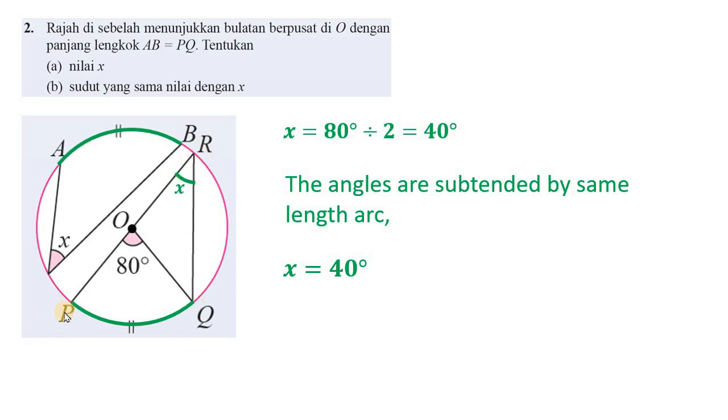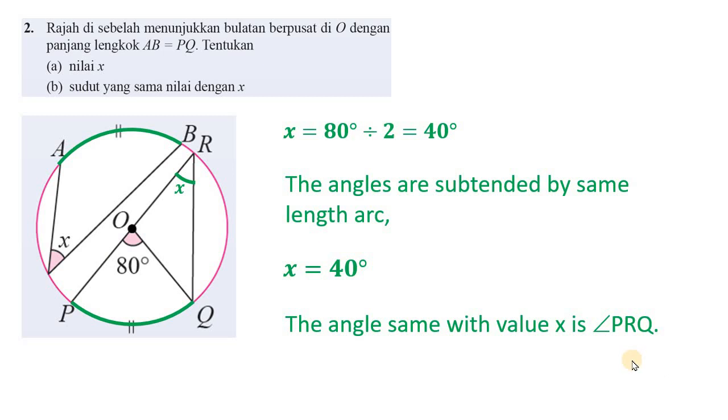The name of the angle is P, R, and Q. So this angle x, we can name by using the labels on the diagram, and the answer will be angle PRQ. This angle has the same value as the angle x. So this is the answer for question number 2.